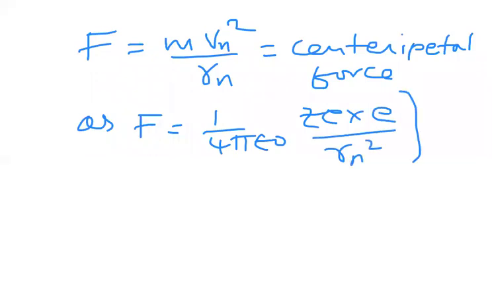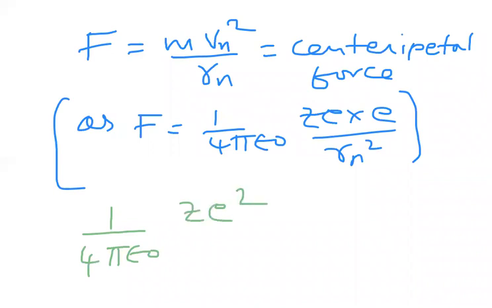Let us equate these two. If we equate these, we get 1 by 4 pi epsilon naught Ze square by Rn square is equal to mvn square by Rn. Now if you observe here, I can cancel the terms like this.